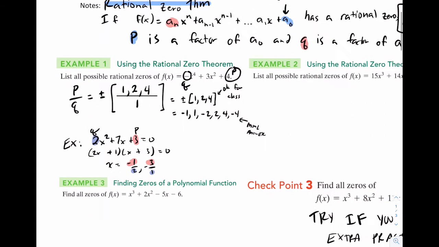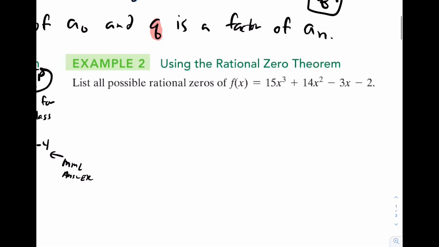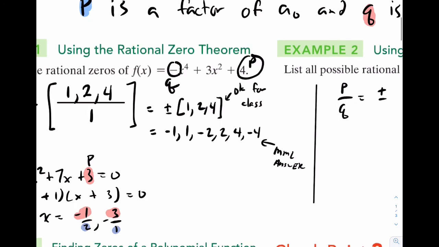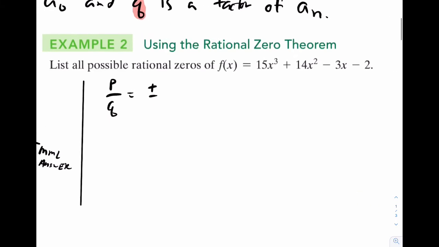So let's try another one. A little bit longer example here. I'll draw a line for you. Again, we're going to write p over q. And you put plus or minus because when you find these factors, it's possible that any of them could be positive or negative. So to handle that issue, we just put a plus or minus at the front.